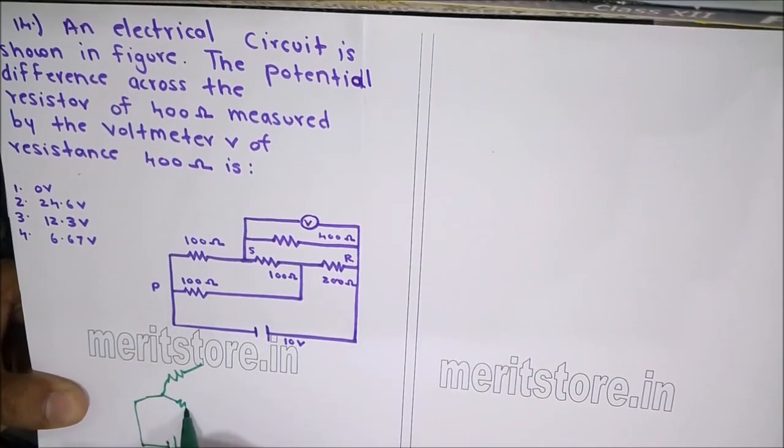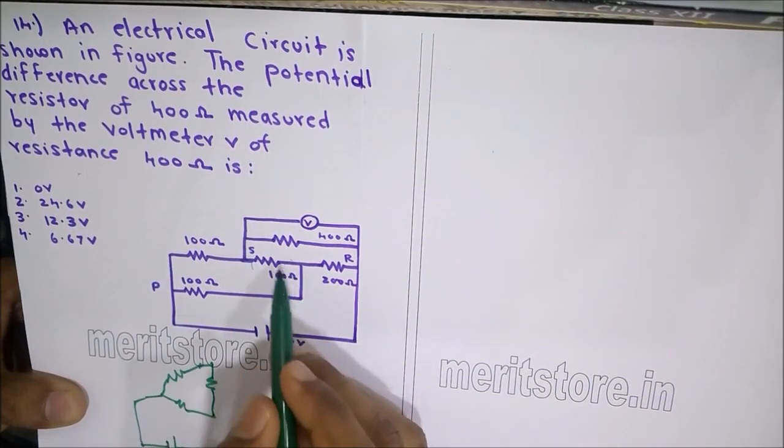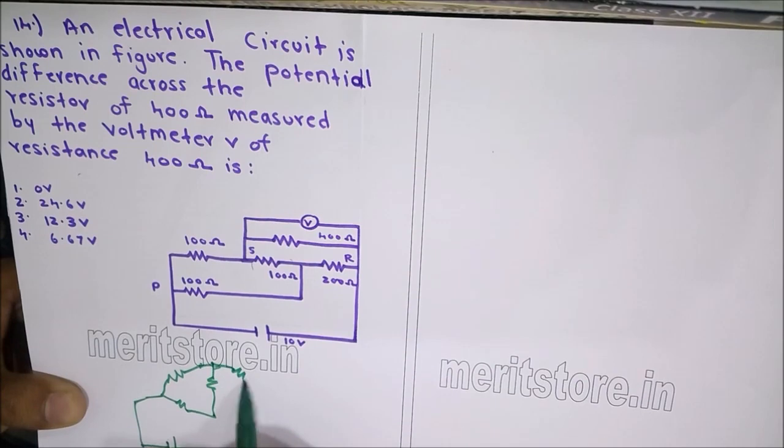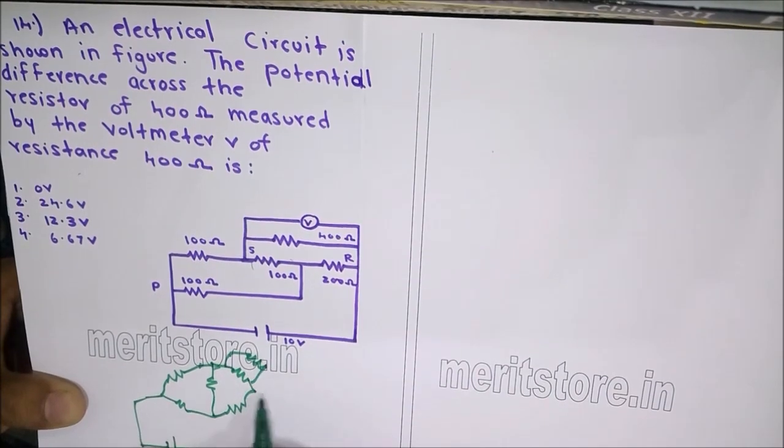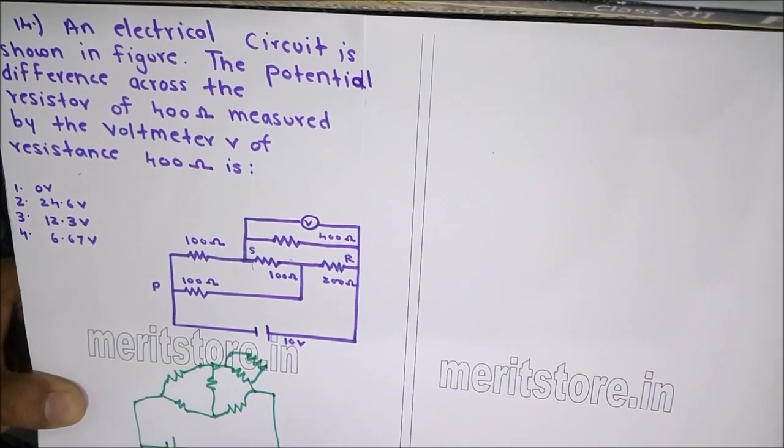Again, there's a 100 ohms over here, this 400 ohms and this 200 ohms. And this is again in parallel with the 400 ohm voltmeter.